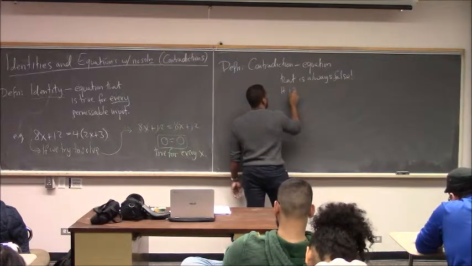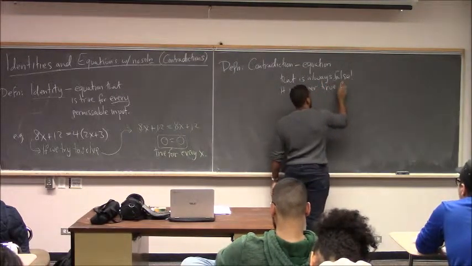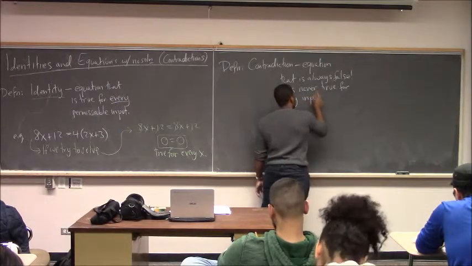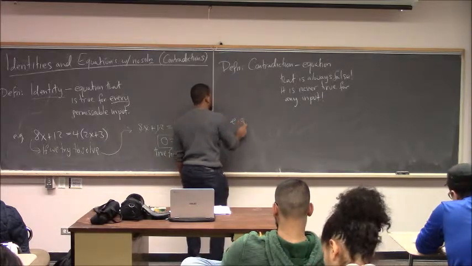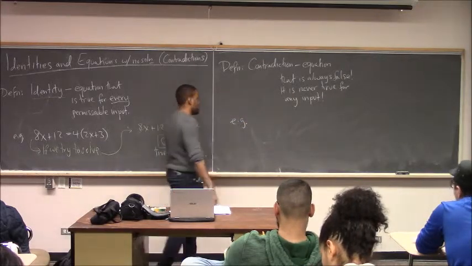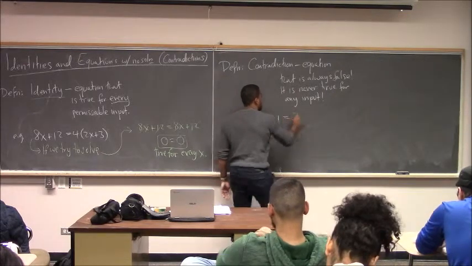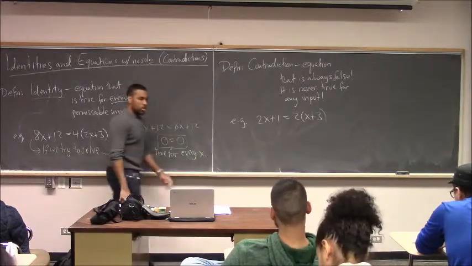It is never true for any input. Another simple example here, where someone tells you, okay, 2x plus 1 equals 2 times x plus 3. This would be an example of a contradiction.